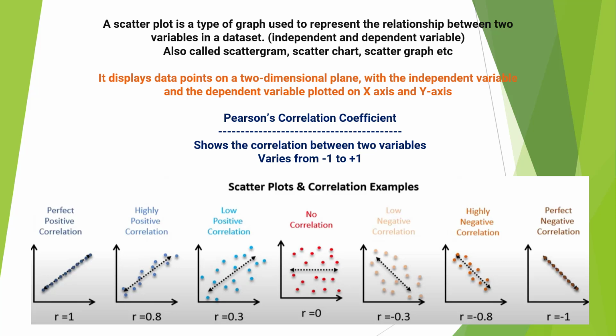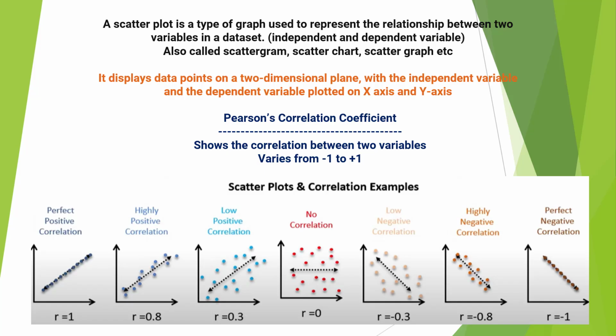Now let us look at the different ways in which we can look into the scatter plot and analyze it. In the center, you can see no correlation because there is really no correlation between the data points, and R is equal to 0. Okay. Now, in the perfect positive correlation, I'm looking at R is equal to 1.